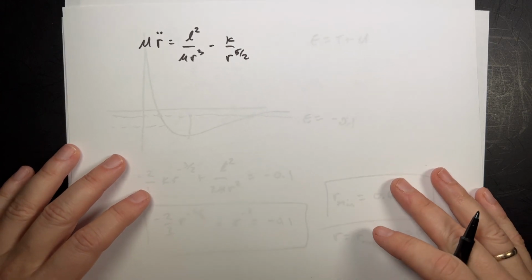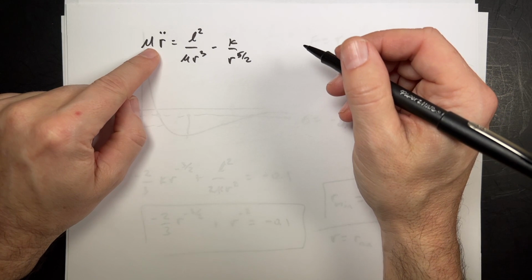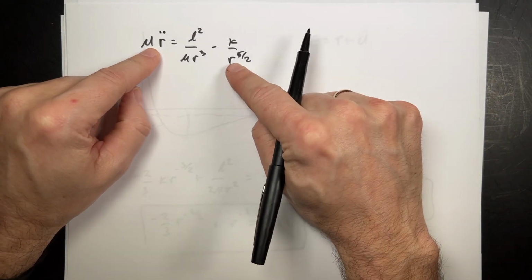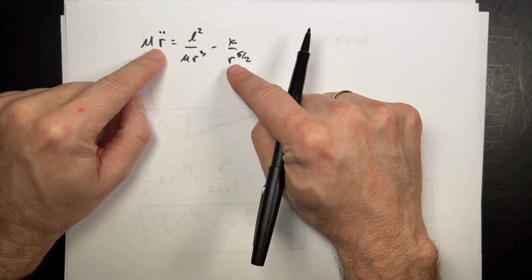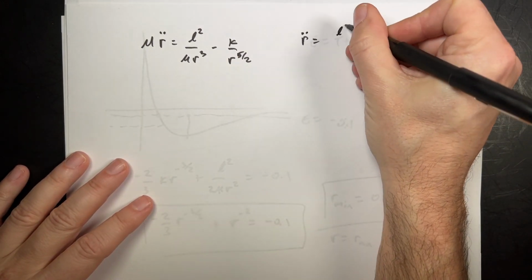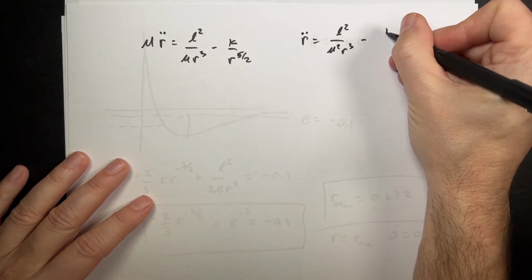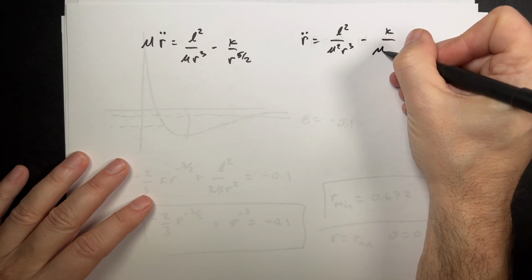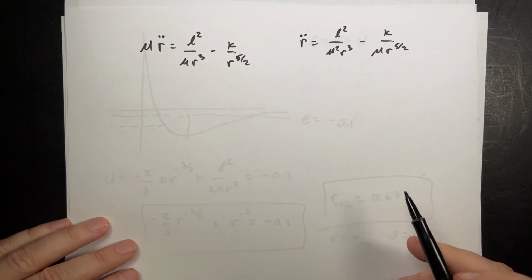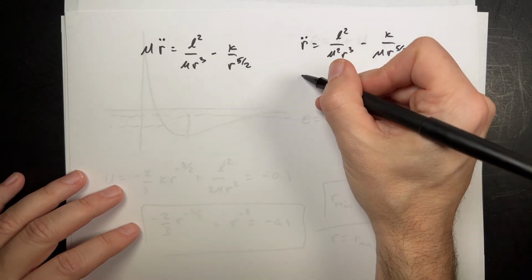Yep, that's right. So that's our equation for R double dot, right? R double dot's not going to be constant now because we're not at R0. So let's just solve for R double dot. R double dot is going to be L squared over mu squared R cubed minus K over mu R to the 5/2. So what I can do is break the motion into super small steps of time.